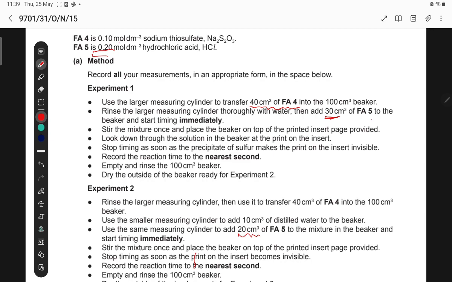Stir the mixture once and place the beaker on top of the printed insert page provided. The printed insert page is white. Place the beaker on the white tile, and on the printed insert page draw the cross.